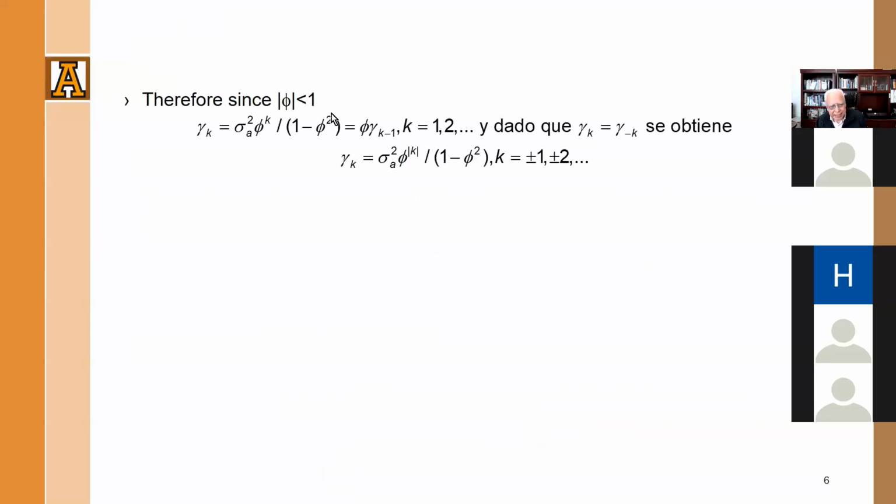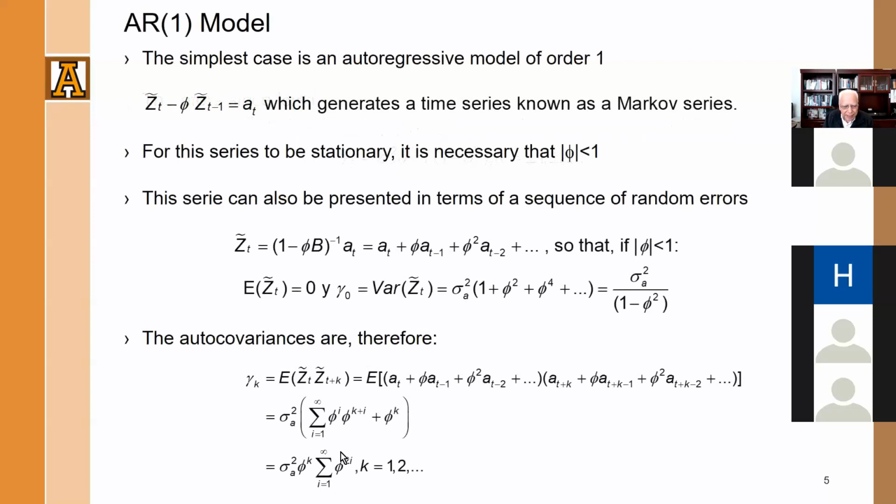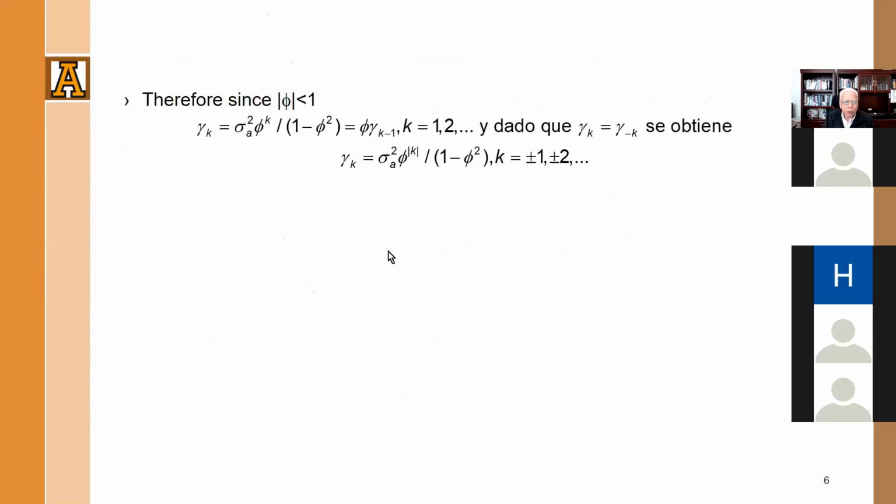Since phi is less than 1, I can write down gamma sub k as sigma squared phi to the k divided by 1 minus phi squared, because this sum is (1 minus phi squared) to the minus 1. If phi is less than 1, phi squared is also less than 1.